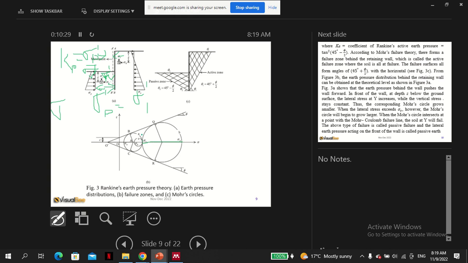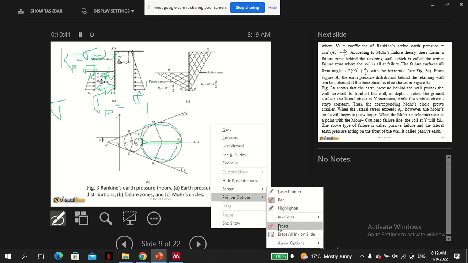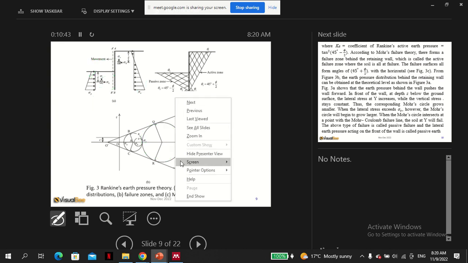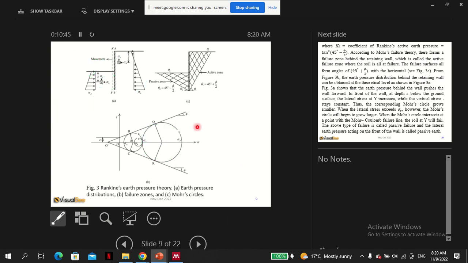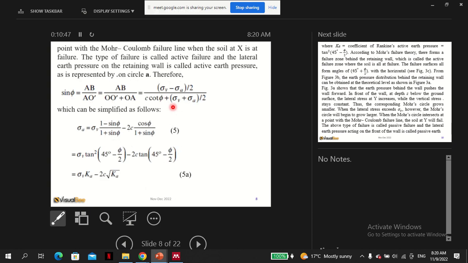Again, the radius of the same circle has increased, and as you can see the circle is expanding to touch the failure line as shown. So that's the basis of the formulas we are going to derive.